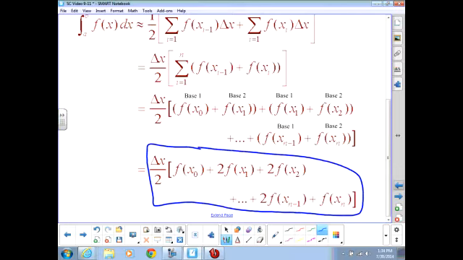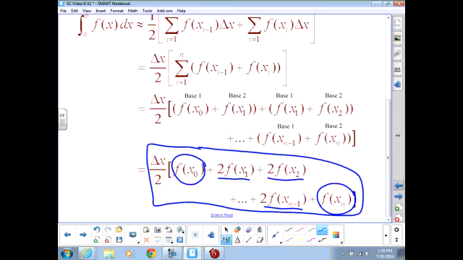What this is saying is we'll end up with our width divided by 2, and inside we'll have f of x0 with a 1 in front. Then we'll have 2f of x1, 2f of x2, and we'll keep having 2 in front all the way until the second last one. Our last thing, f of xn, whatever the last one is, will again have a 1 in front.